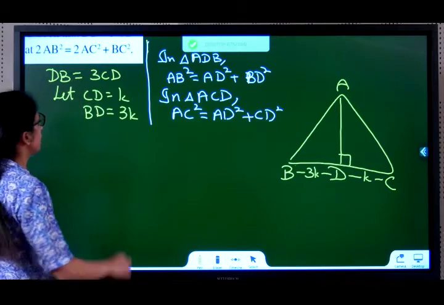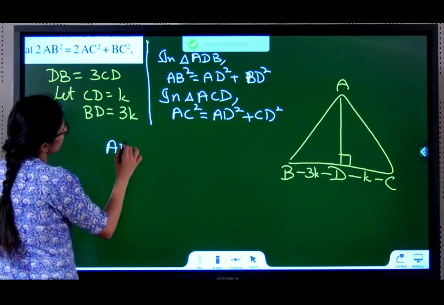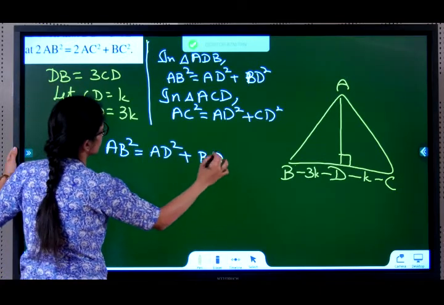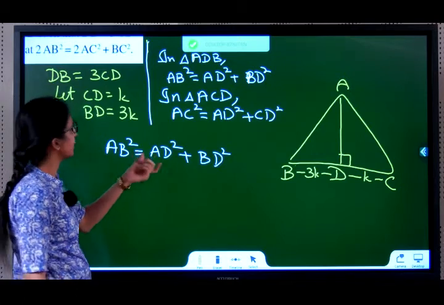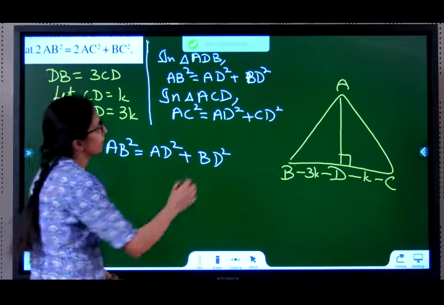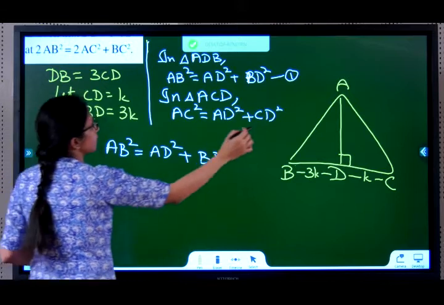So first of all, start with AB square. AB square is equal to AD square plus BD square. I don't want this AD. Instead of AD, I somehow want to bring AC there. So let's call this 1.